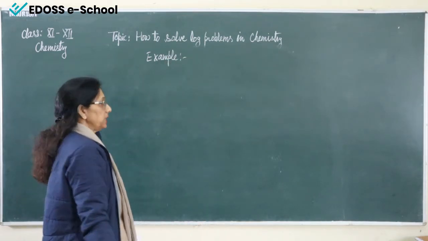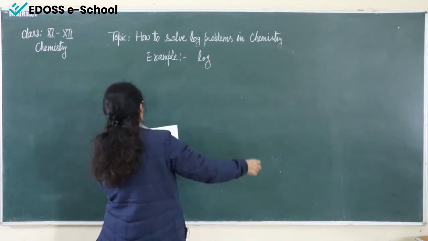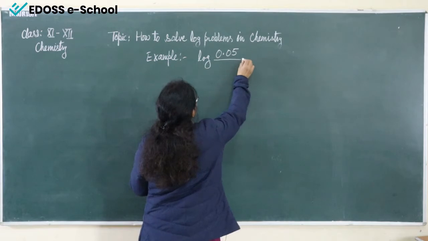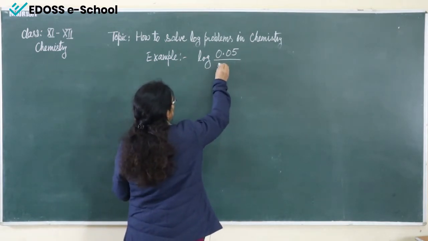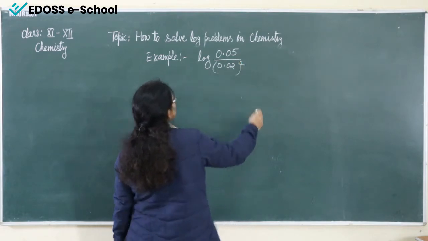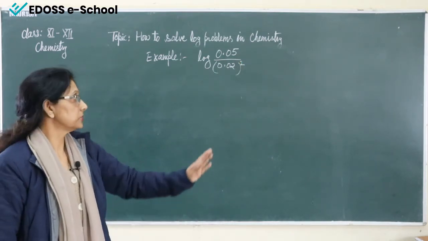Our first example is we have to find the log. The question is like this: log of 0.05 upon 0.02 whole square. This is the question, and we have to find its log.